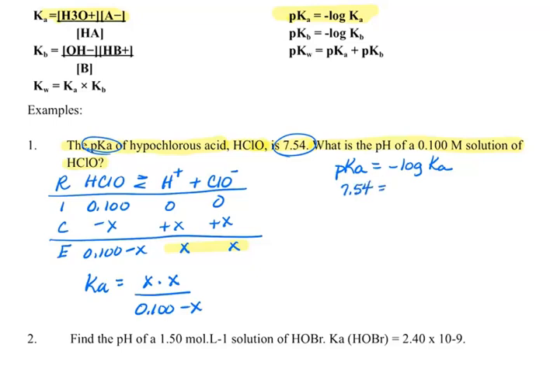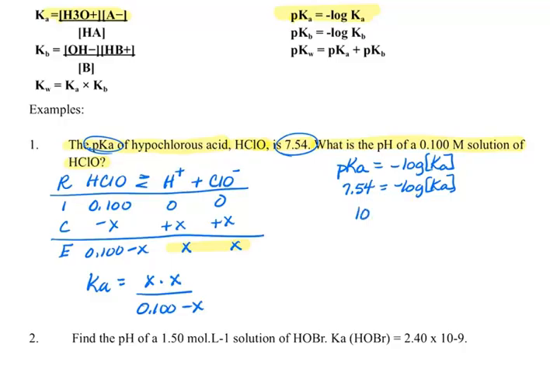If you've done your problems off of your last set with your pHs, then you know in order to solve our log problem, we do 10 to the negative pH, normally, in this case pKa, and so I'm going to just run that in my calculator, and that's going to give me 2.88 times 10 to the negative 8 as my molarity.